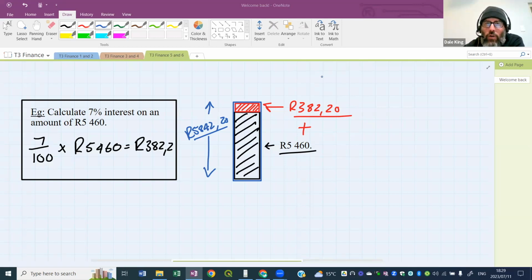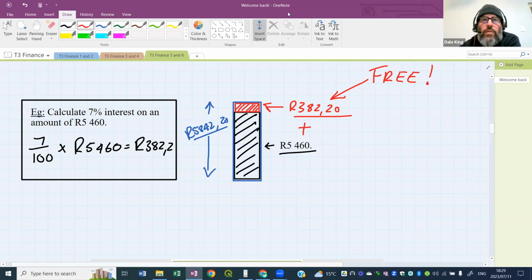Now, this growth, ladies and gentlemen, is incredibly powerful. And I don't think you realize how powerful this is, because this 382 Rand, you need to understand this, is free. What do I mean by that?